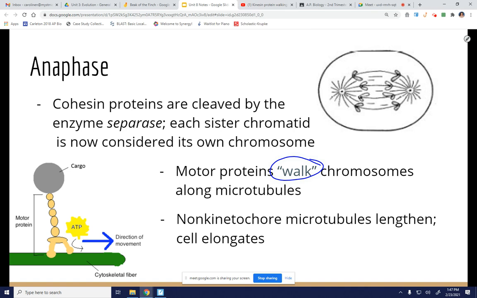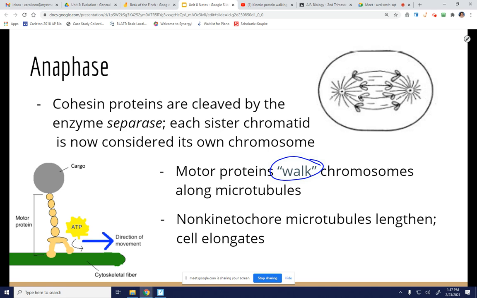Okay, also during anaphase, some of the microtubules that make up the spindle are called kinetochore microtubules. Those are the ones that are attached to the chromosomes, and they're basically acting as highways for those little motor proteins to walk the chromosomes back to the two ends of the cell. But the other microtubules that are not connected to the kinetochore are called non-kinetochore microtubules.